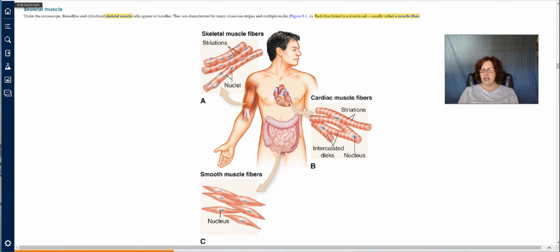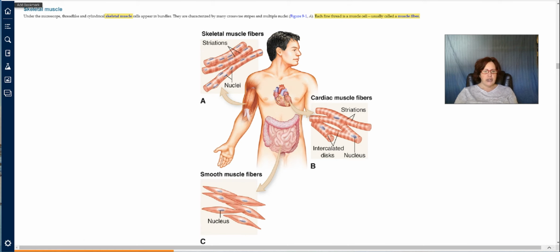Both skeletal and cardiac have those stripes in them, and those stripes are called the striations. And then the smooth muscle does not have those stripes or striations. So 2 of 3 have striations. Great test question, right? Which one has it, which one doesn't? You should know that. And obviously those are the 3 kinds of muscles: skeletal, cardiac, and smooth.